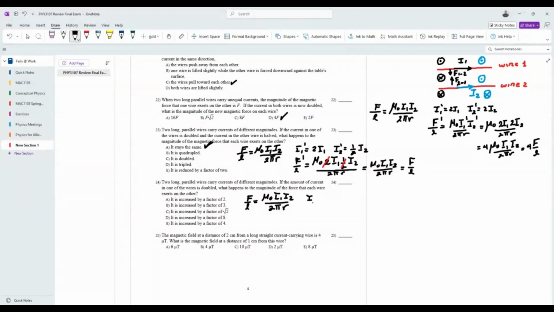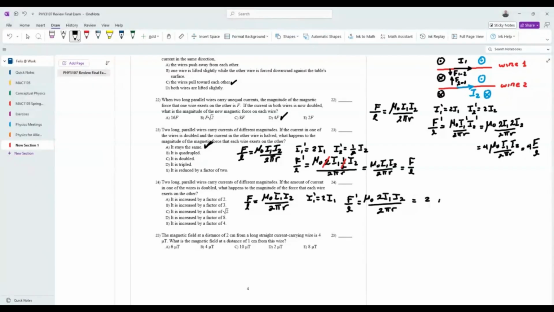Now I have that I1 prime is 2I1, and that's it. The rest is the same. So when I find F over L prime, it would be mu sub 0 times I1 prime, which is 2 times I sub 1 times I sub 2 over 2 pi r.